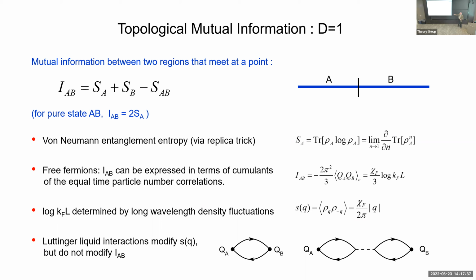And so it's precisely proportional to Q. Okay, and so if you then do the Fourier transform and do the integral, then you get this log. Okay, and so this is a simple way of getting this Cardy-Calabrese result for free fermions.